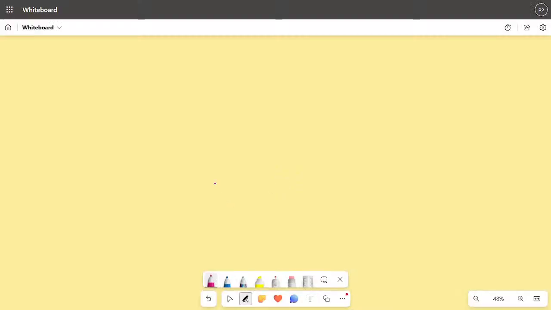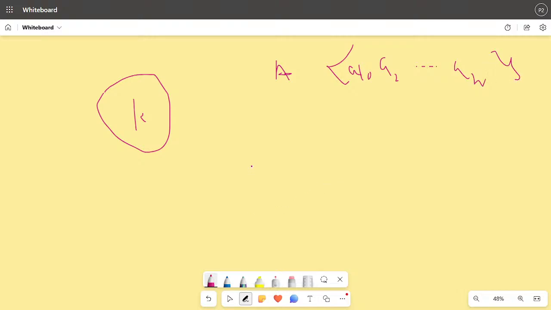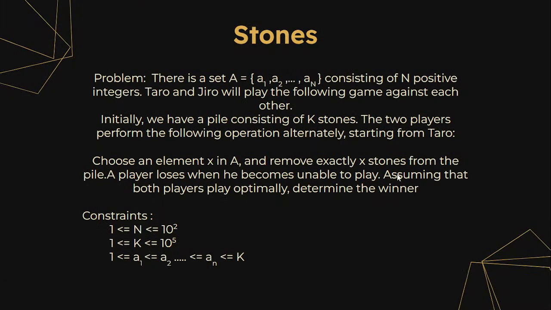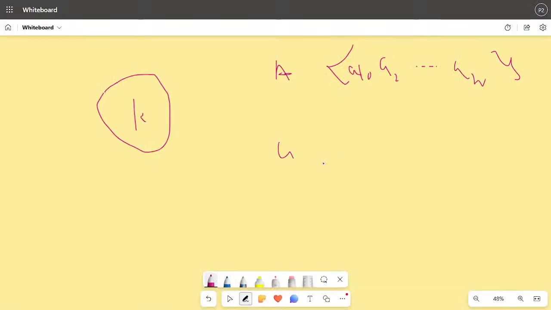So we have this question of k stones, set a1, a2, so on till an, and we have to find the winner.